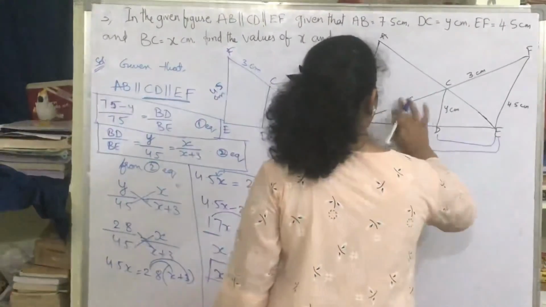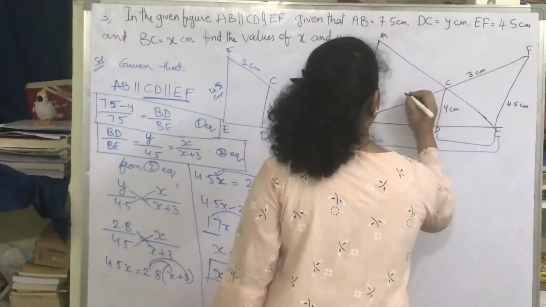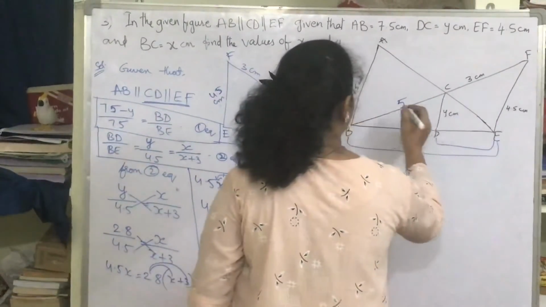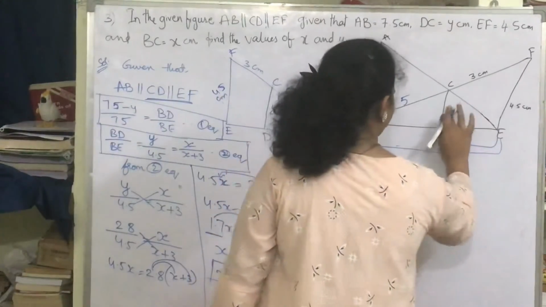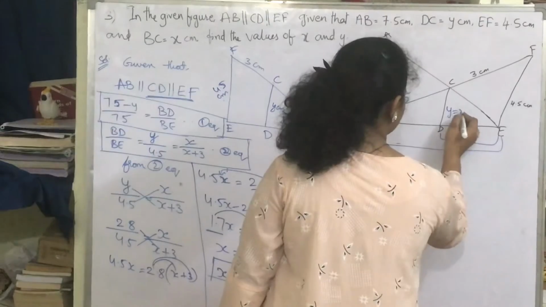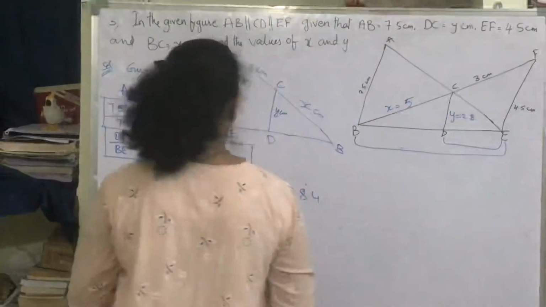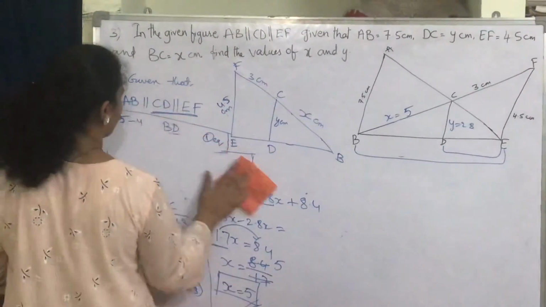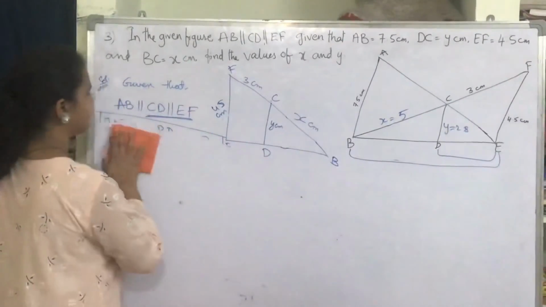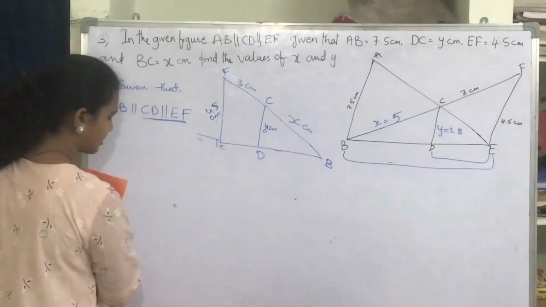So let me write down the BC value and CD value. They asked for BC and CD, where BC equals x, and I got x equals to 5, and y equals to 2.8. So let's make a conclusion.